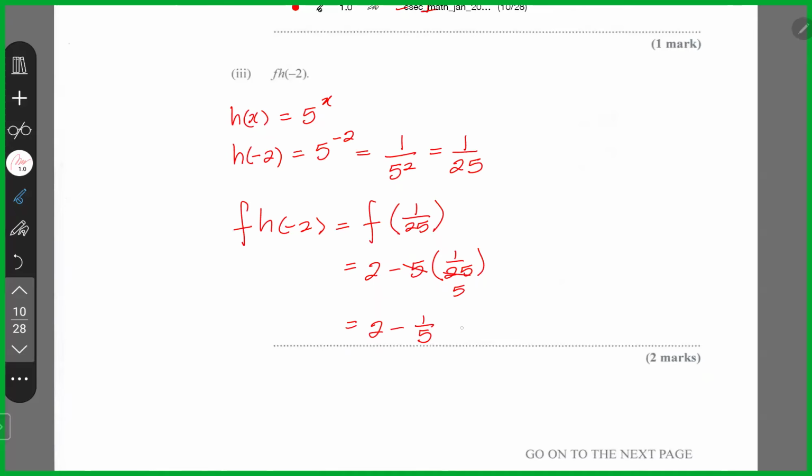Now, 2 is the same as saying 10 over 5 minus 1 over 5, and my final answer is 9 over 5, or 1 and 4 over 5. 2 minus 1 over 5 is 1 and 4/5.